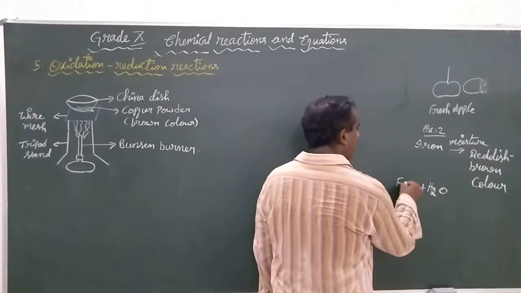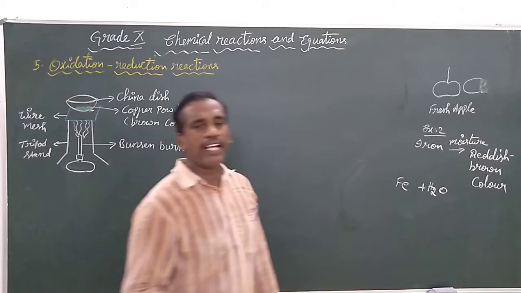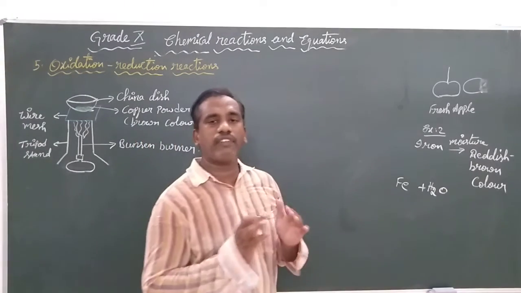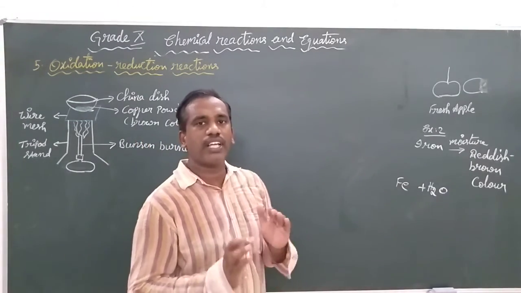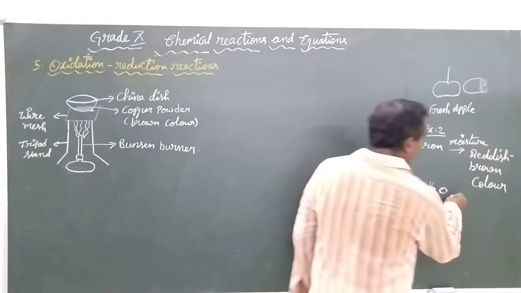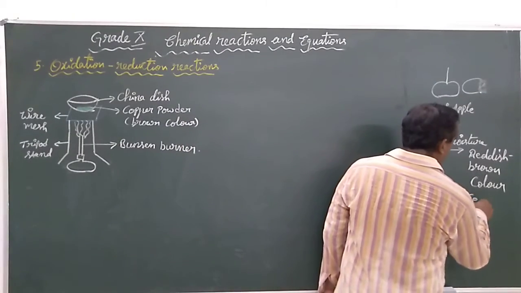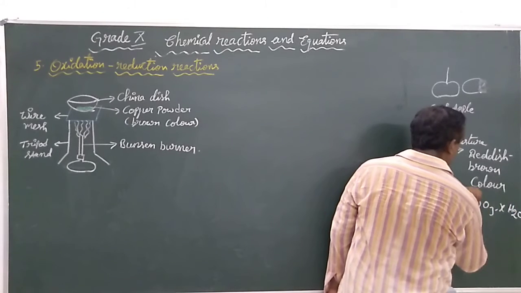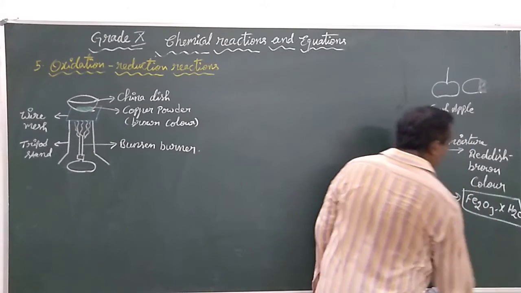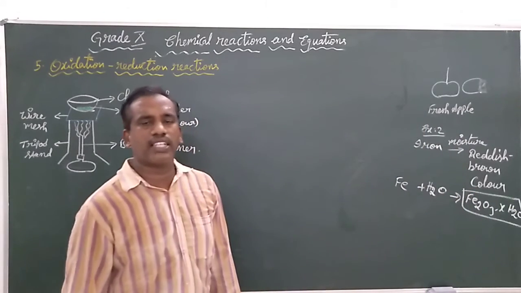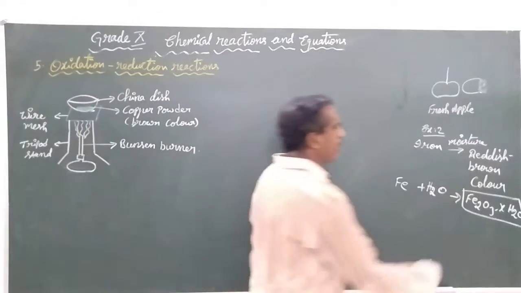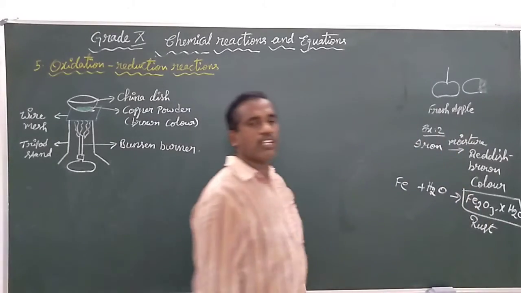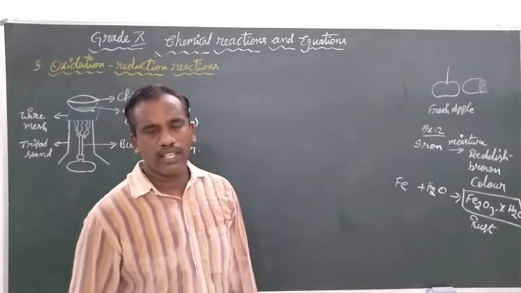The atmospheric iron is reacting with the moisture to form, I am not giving a balanced equation, just a rough equation, Fe2O3·xH2O. This Fe2O3·xH2O is the formula for the rust that was developed on the iron.